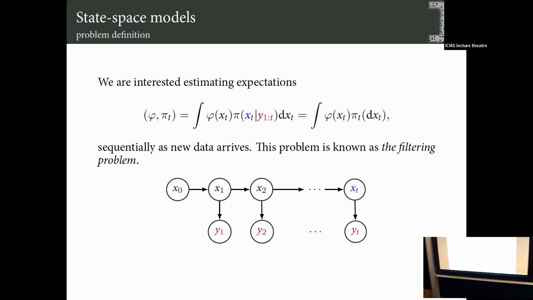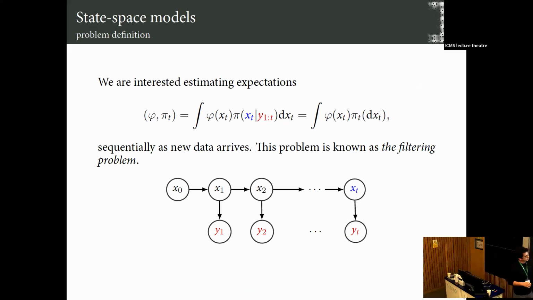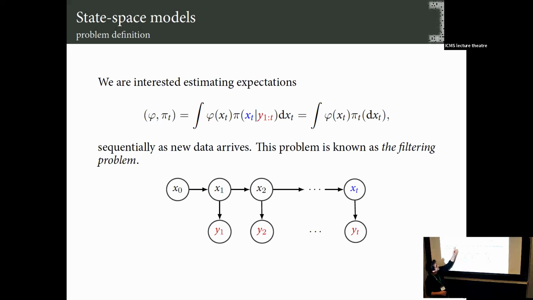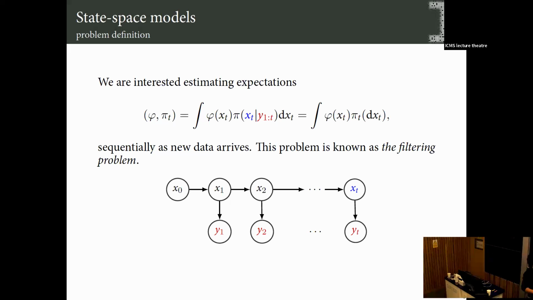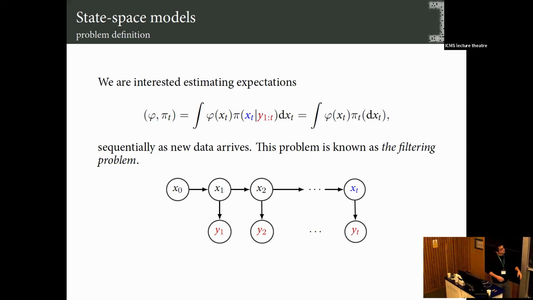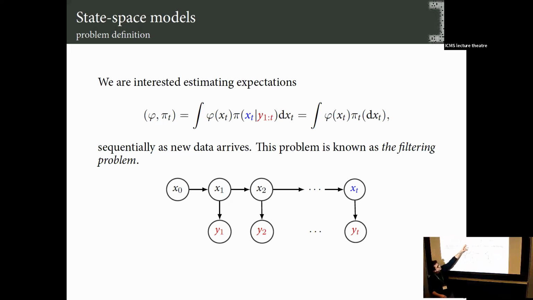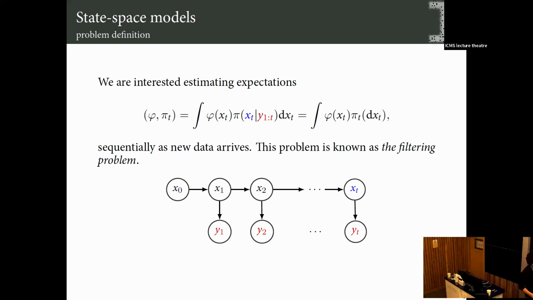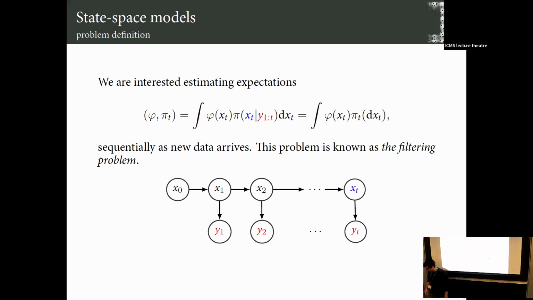So yes, what we basically want is to estimate these x's from y's. That's the problem I was talking about. But in particular, I will focus on a more technical, more precise problem, which is that we are typically interested in estimating expectations with respect to this posterior distribution. I will introduce these in a bit more detail shortly. I'm just warming up, throwing you in the water for you to learn how to swim, I guess.